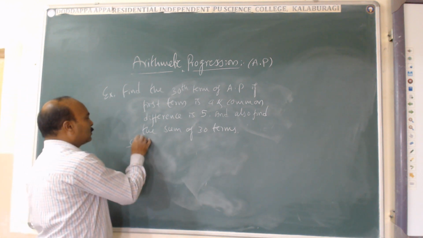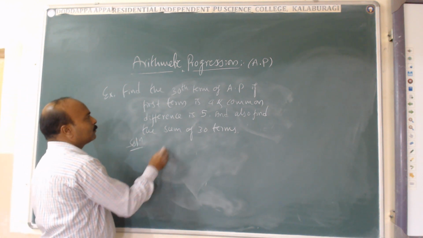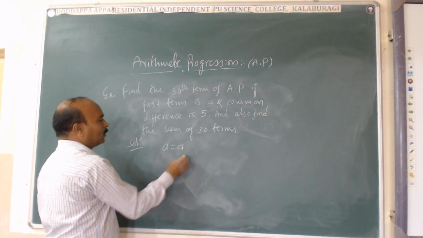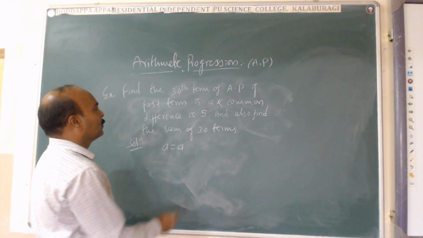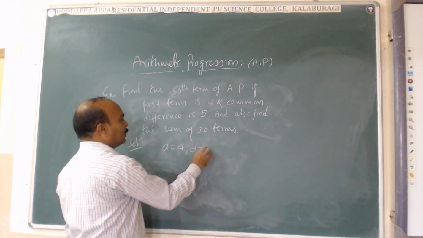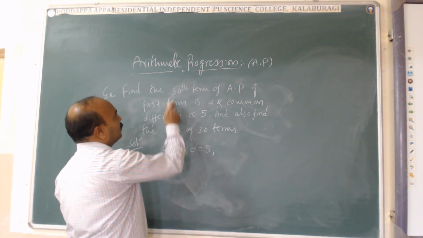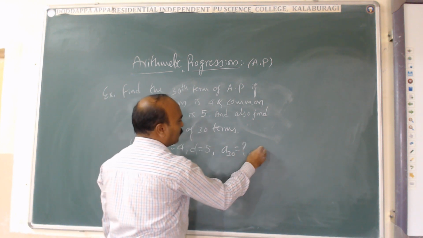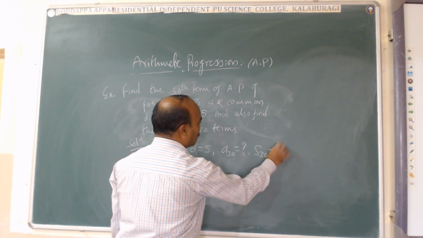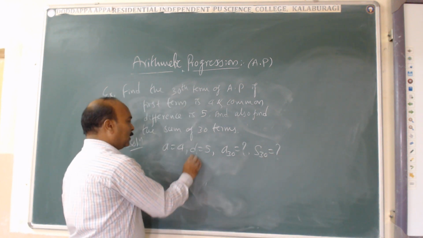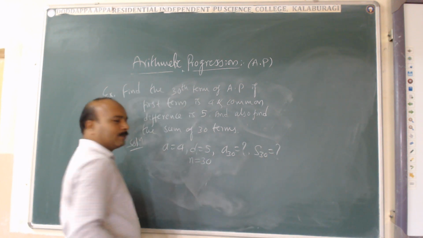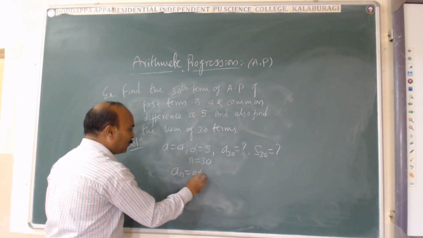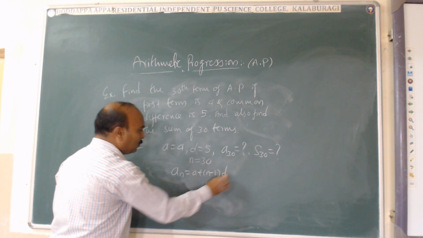How can you solve this? First, what is given? The first term is given, that is a equal to 4. Next, the common difference is given, it is 5. Then you find the 30th term means a30 equal to question mark, and the sum of 30 terms means S30 equal to question mark, and here n equal to 30. Now go for the an formula first. An equal to a plus n minus 1 into d.